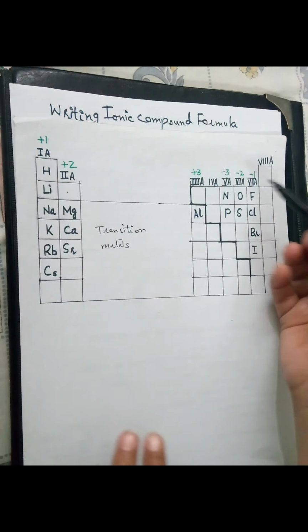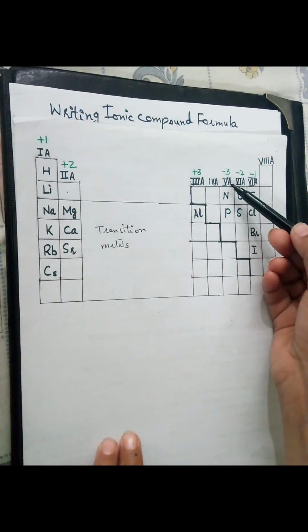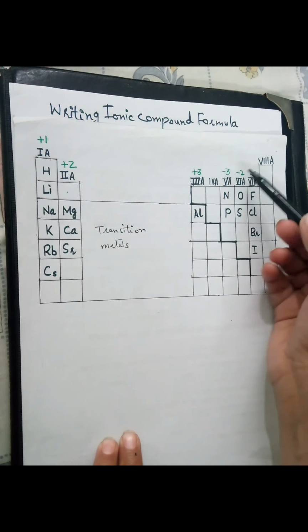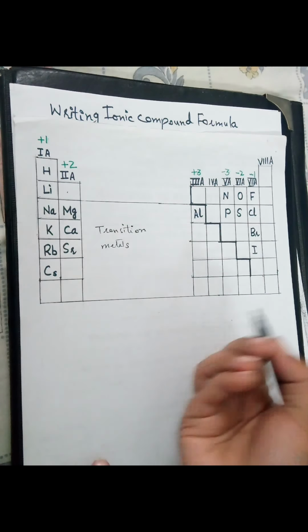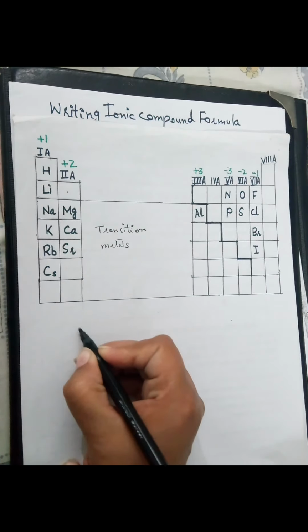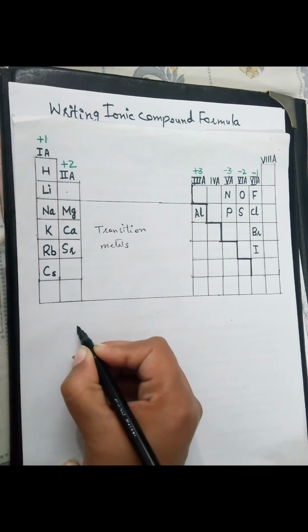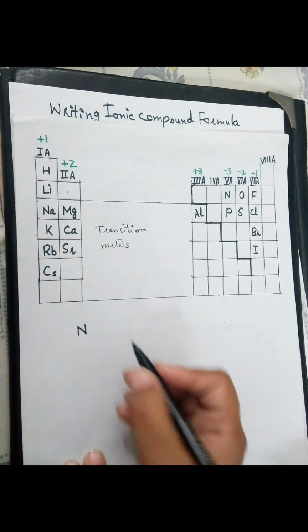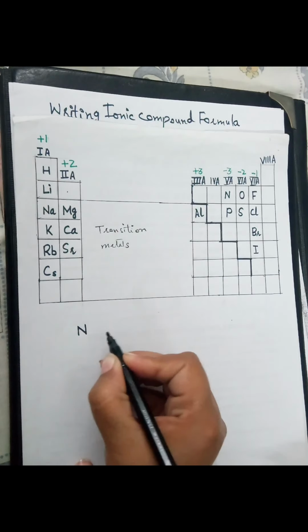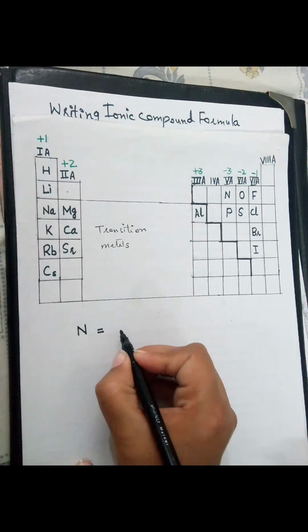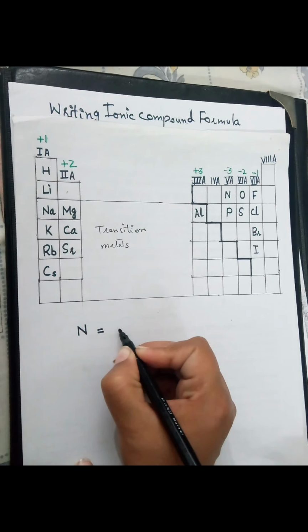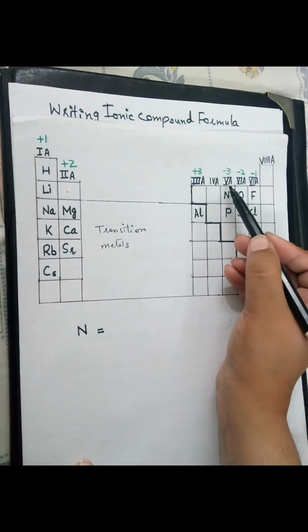For example, the fifth A group elements have -3 charge. How can we guess that? To determine the charge, for example, on the nitrogen atom, we always subtract the number of the group.